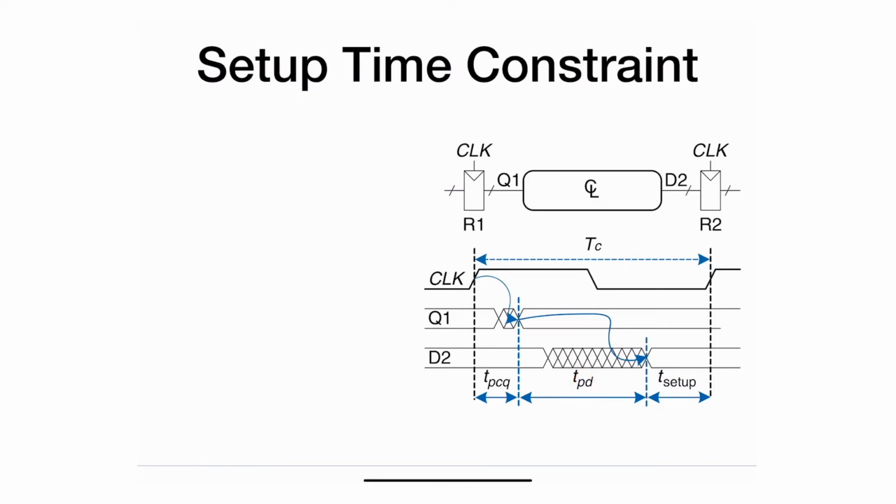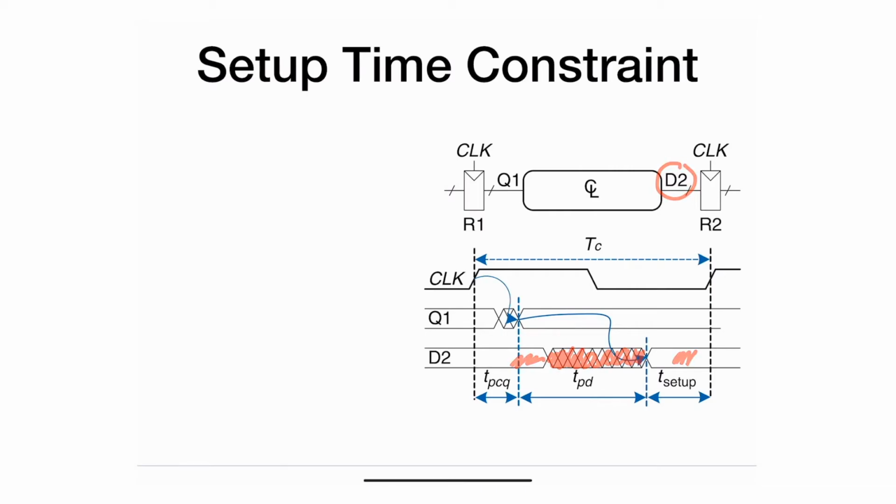And of course I want my system to be held for the setup time. If you take a look here, you can see that I'm only allowing D2 to change only around here. It should not change in here, and it cannot change in here.